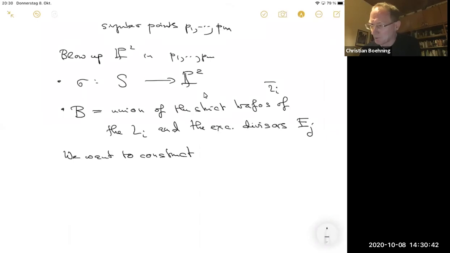And what we really want to construct is a smooth and also totally ramified cover, really.